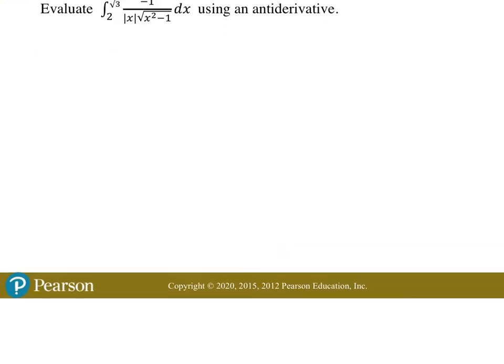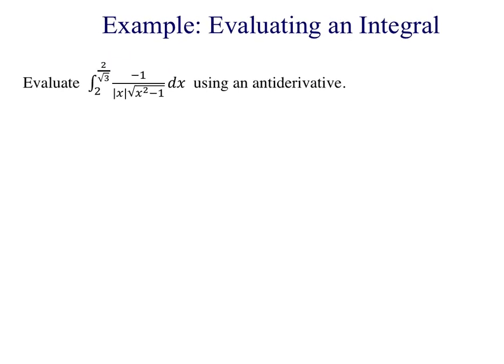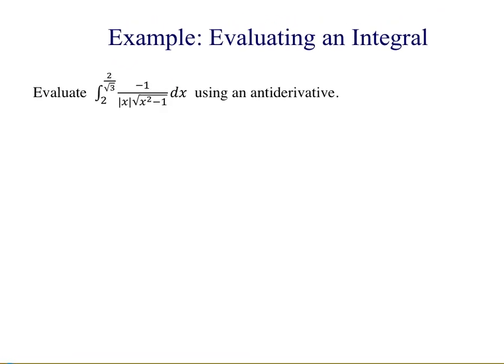All right, you recognize this crazy equation? Okay, it's a negative, and it's got that absolute value in the square root, so hopefully you recognize that as being the derivative of the inverse cosecant graph. So this would be the inverse cosecant of x plus c going from 2 to 2 over rad 3.